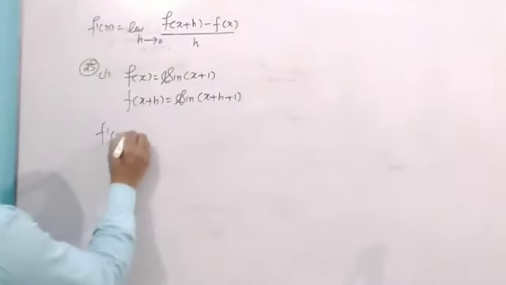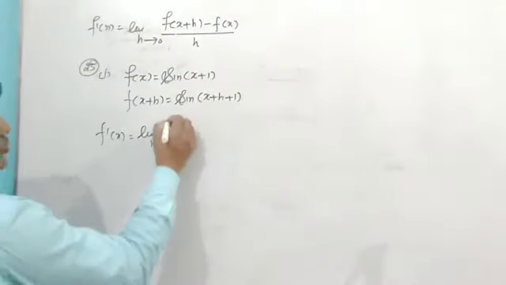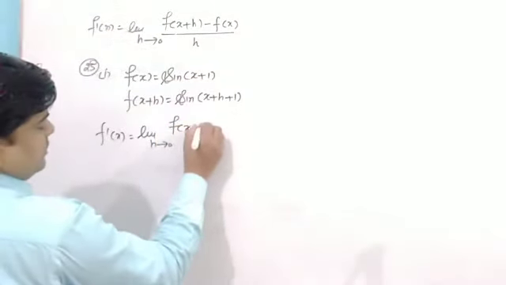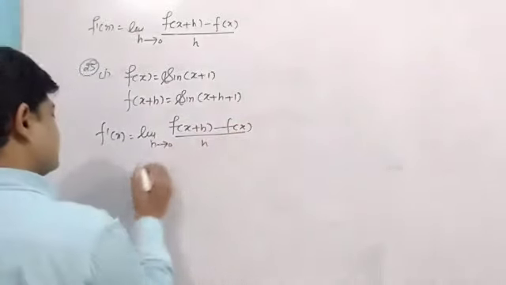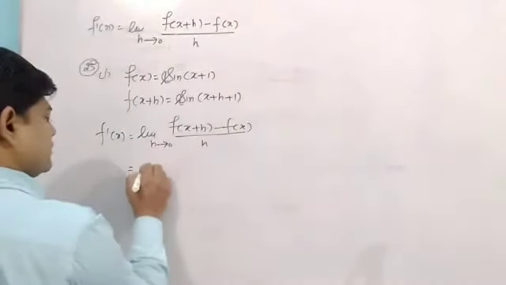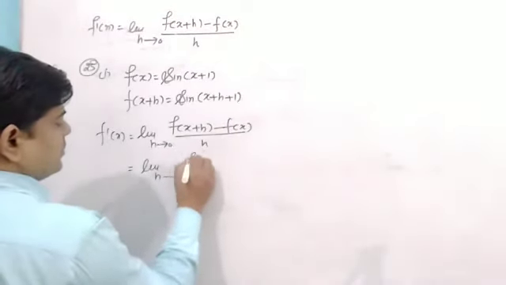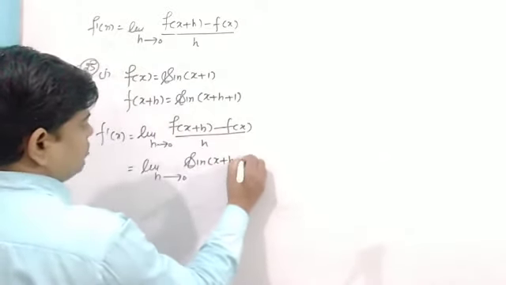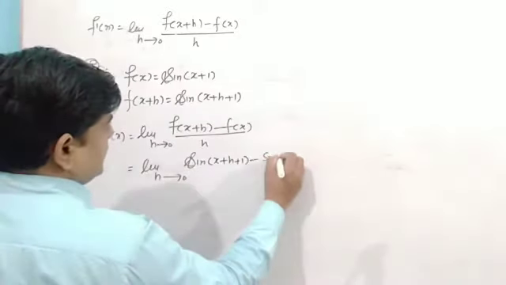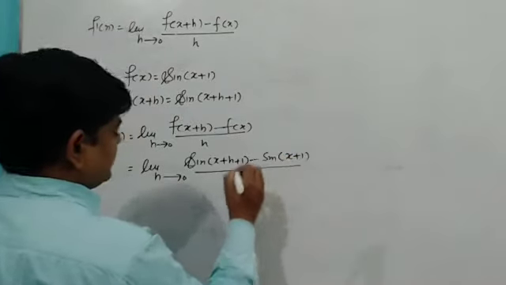If I want to find f dash x, I may write limit h tends to 0, f(x plus h) minus f(x) whole upon h, and then after it is limit h tends to 0, sine(x plus h plus 1) minus sine(x plus 1) and whole upon h.